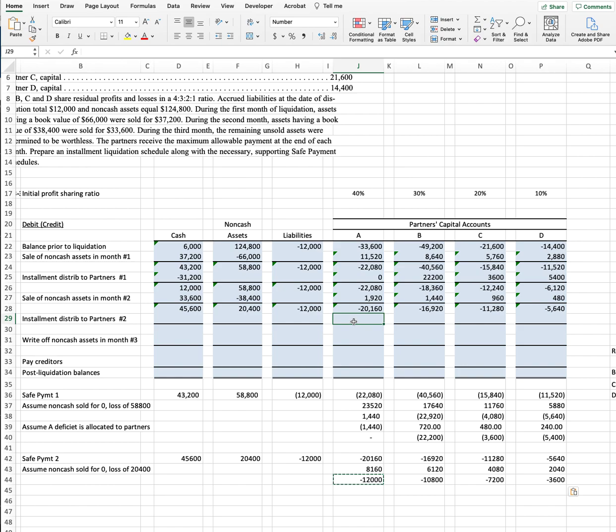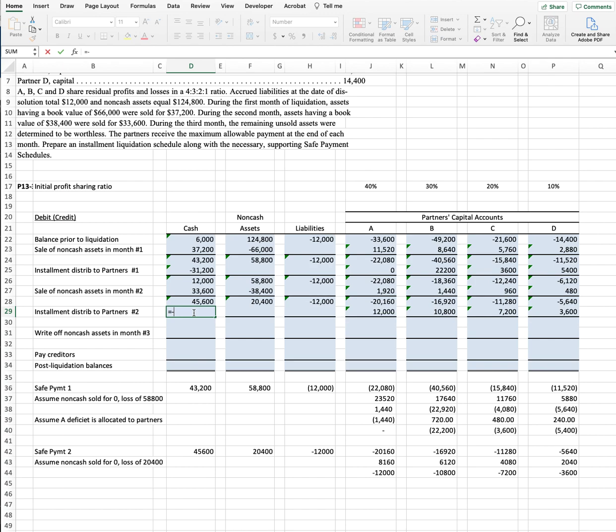So we can pull up the distributions that we have here. Total across.